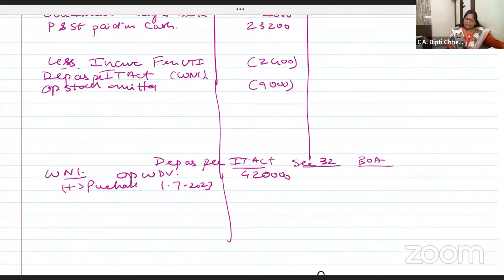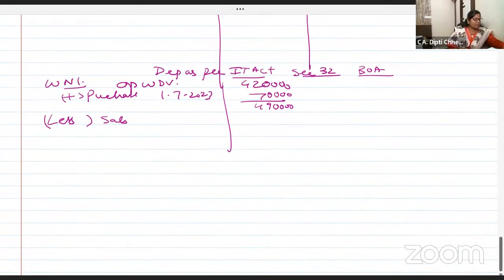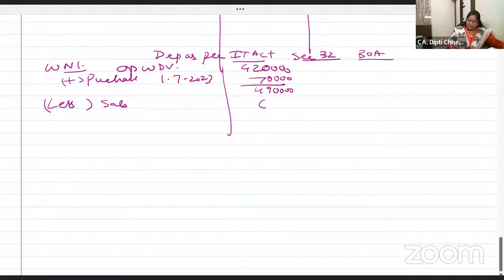You have to charge depreciation for the whole year. How much is it? 70,000. So 490, less sale. Sale date is not important because in the year of sale there is no depreciation. 50,000. 440.